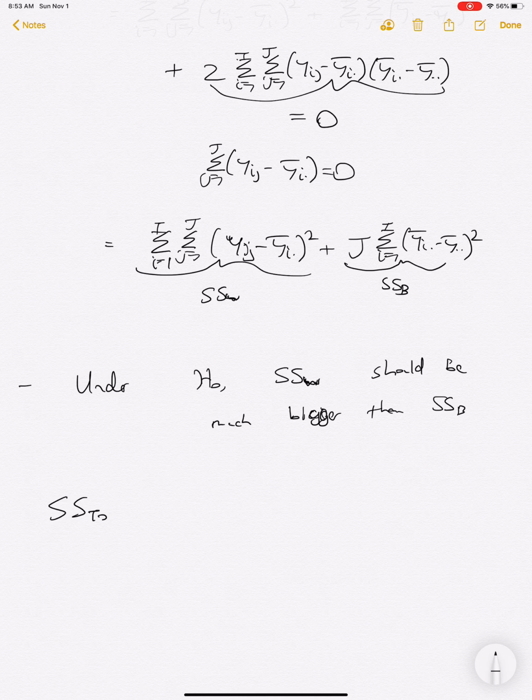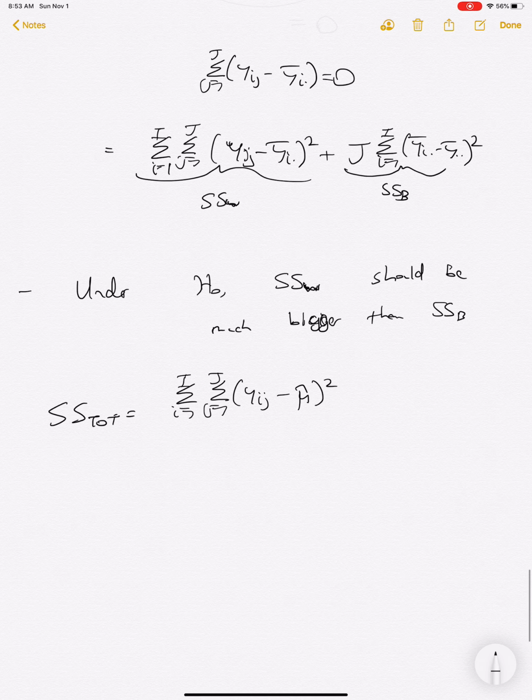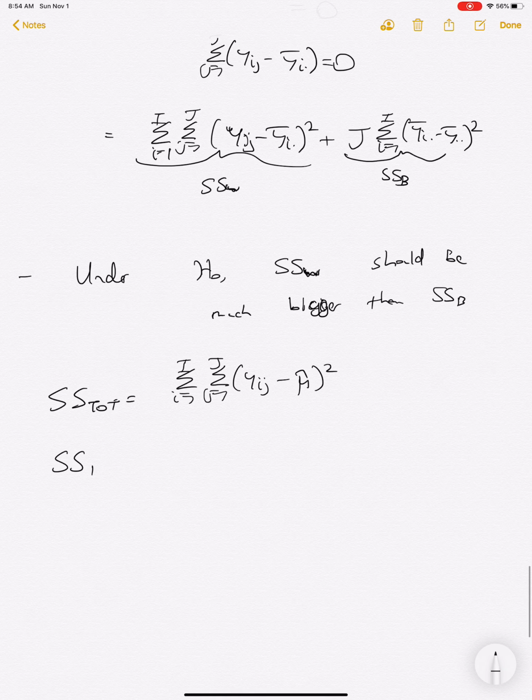And we can also think of this from an estimation point of view. SS tot here is just the sum of yij minus mu hat squared. The SS within is just equal to the sum of yij minus mu hat minus alpha hat i squared.